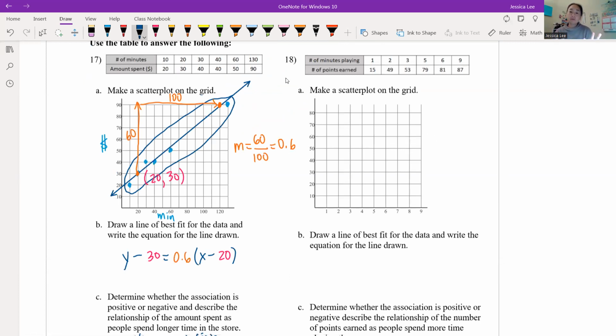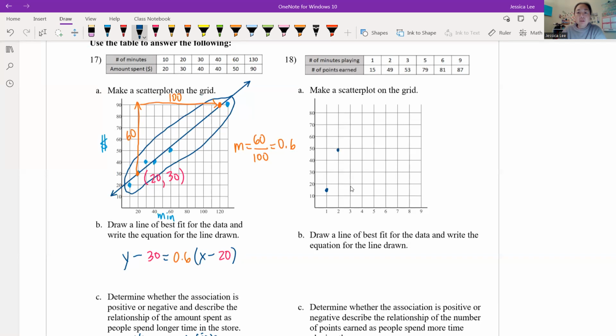Try this by yourself. I'm assuming you've done it, and now you have a question and you're going to see. So this is talking about the number of minutes playing and the number of points earned. It looks like the more you play, the more you earn, right? That makes sense. So after 1 minute, it's going to be 15. Notice it's going by 10, so 15 can be halfway between. 2 minutes is 49 points, so it's right underneath the 50.